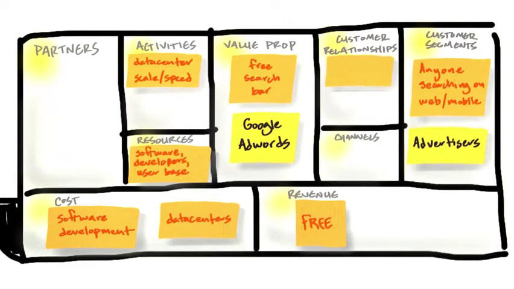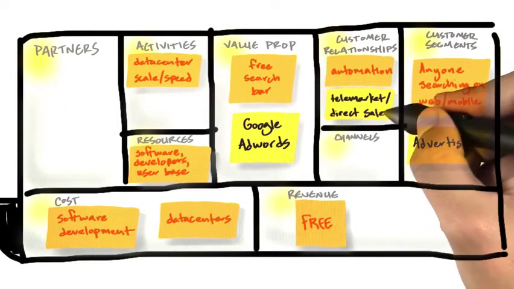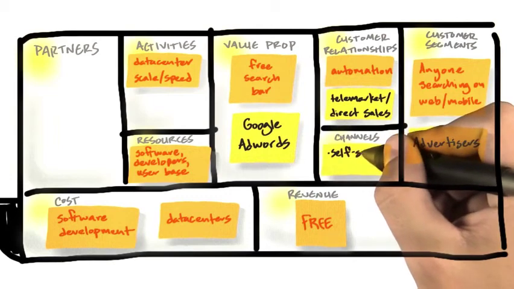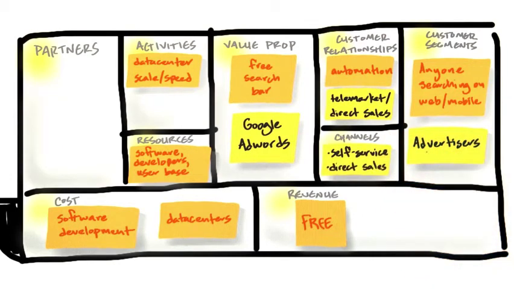For users, it was kind of an automated process. You just basically went to the Google website or you downloaded a Google toolbar. But for payers, it might be automated, but they also have telemarketing and direct sales to go after big advertisers. But their distribution channel, in addition to being automated, is also self-service and direct sales.